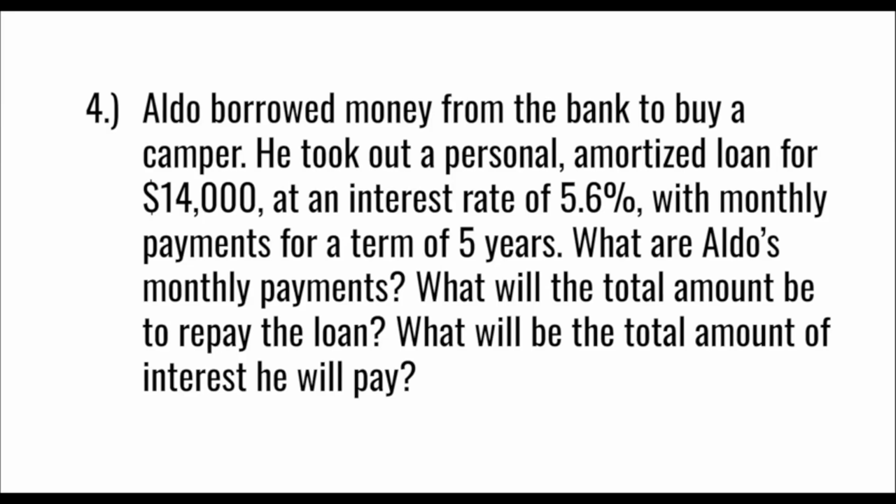So for a problem like this, we have a specific amount of payments that need to be made. We have the term, we have our rate, we have our principal. Since we are making monthly payments, and that is the ultimate question here, we want to use our equation for monthly payments, based on our compound interest formulas.